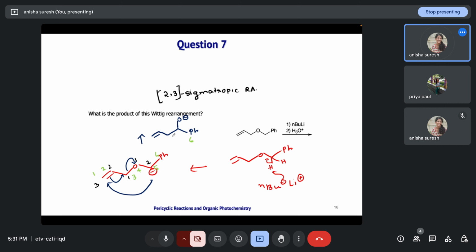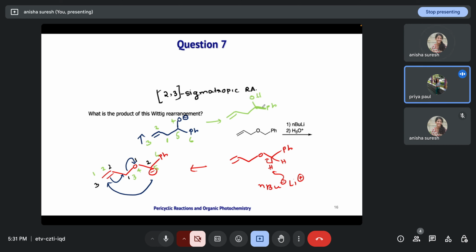So this is 6, this is 5, this is 4. So the 3-4 bond is getting broken, and between 5 and 1 a new bond is forming. In the presence of H3O plus, protonation will take place and it will lead to the formation of OH.